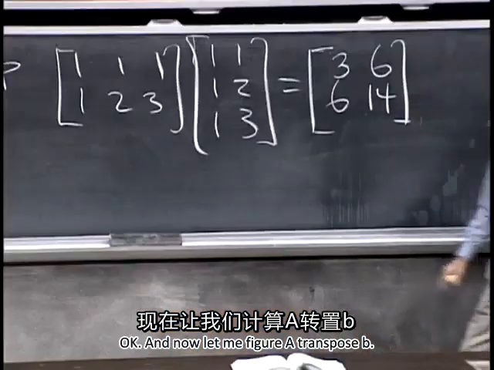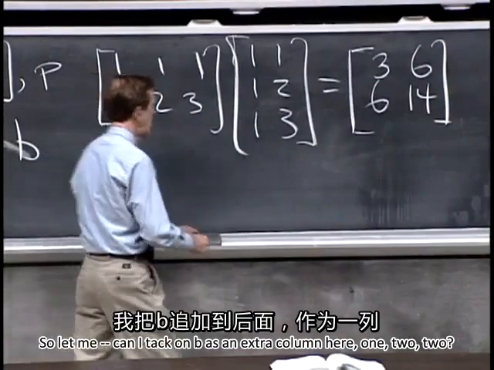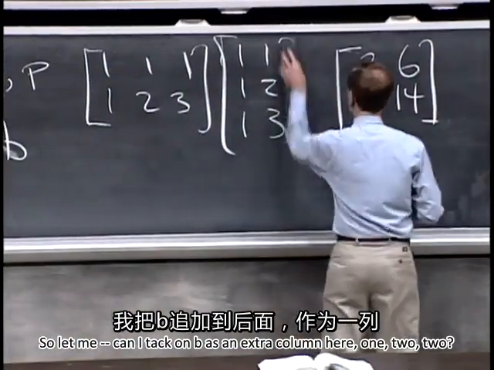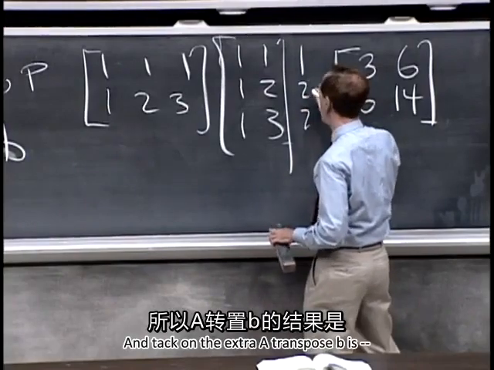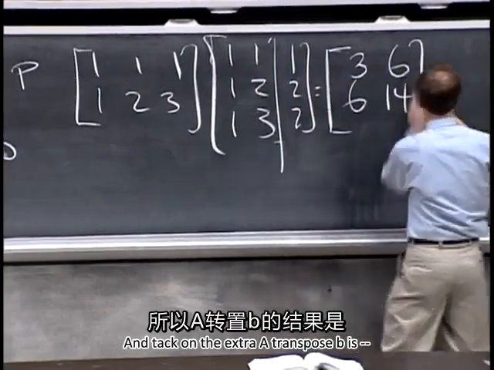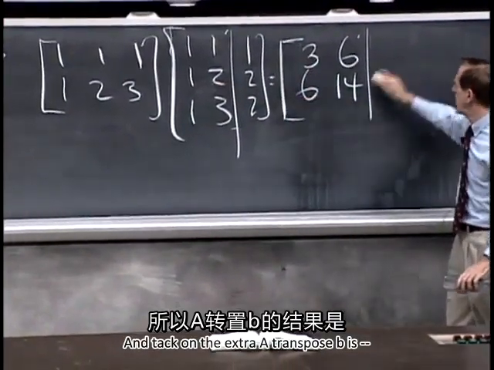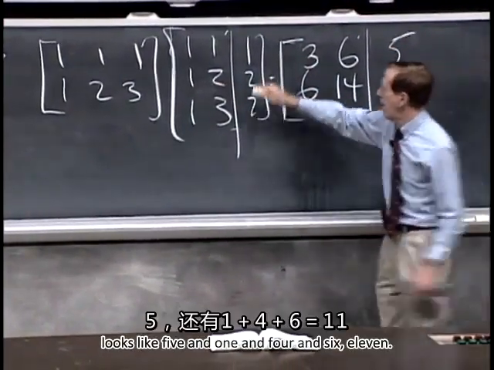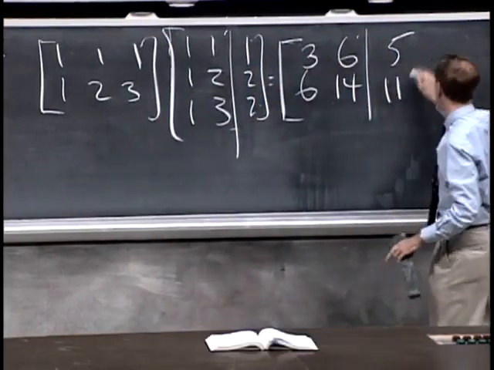Okay, and now let me figure A transpose B. So can I tack on B as an extra column here? 1, 2, 2. The extra A transpose B looks like 5 and 11.